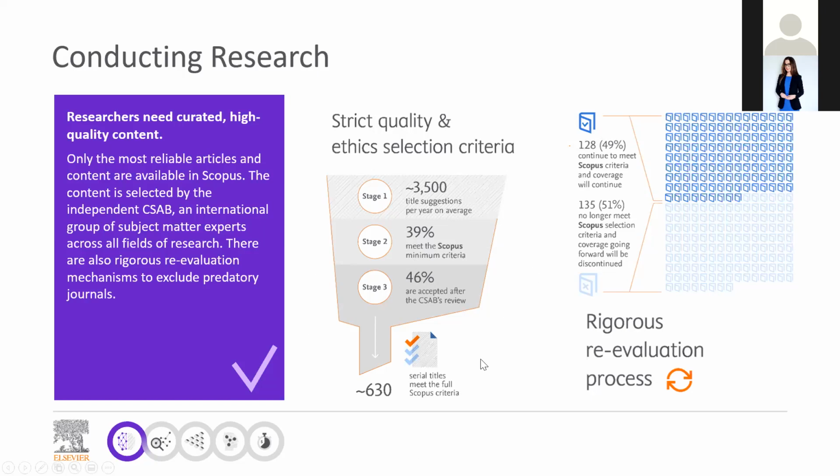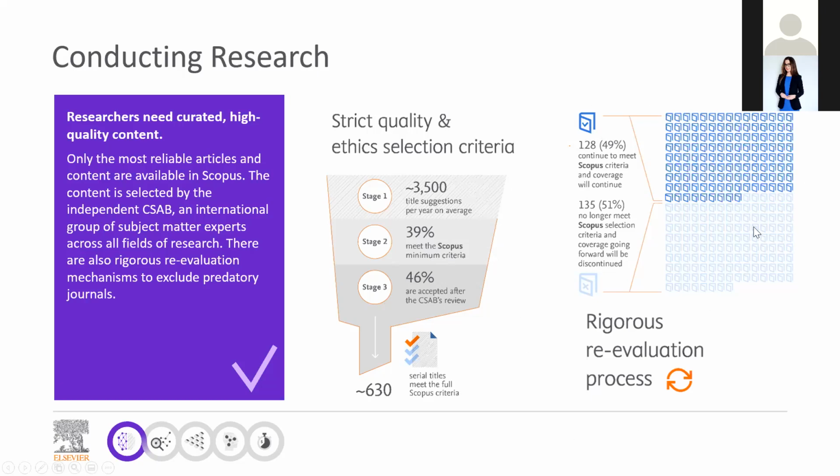When a journal is arriving for the first time, we are getting around 3,500 journals a year that would like to be indexed. 39% of them meet the Scopus minimum criteria. 46 of them are accepted. So after all, we are adding on average around 600 journals a year.